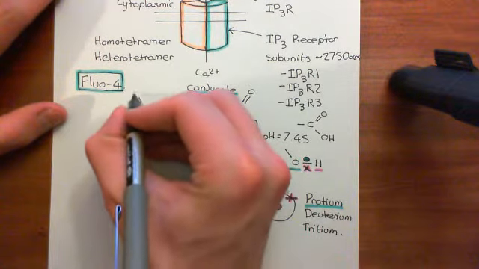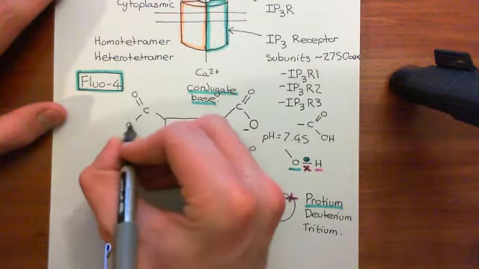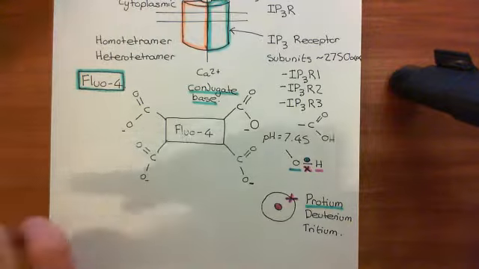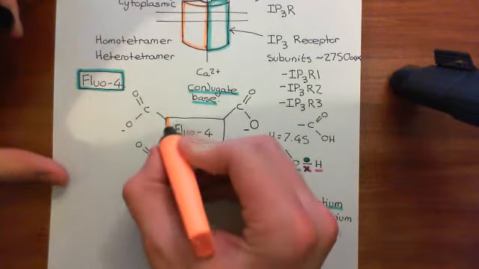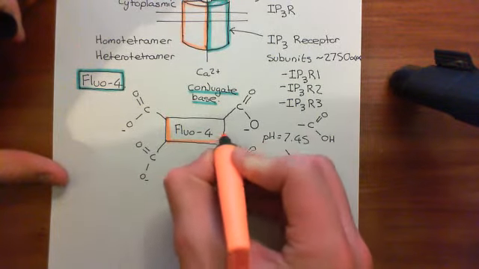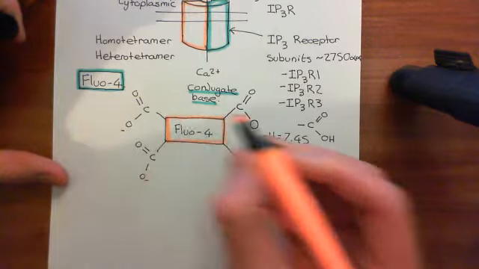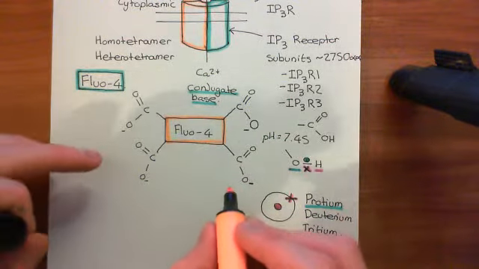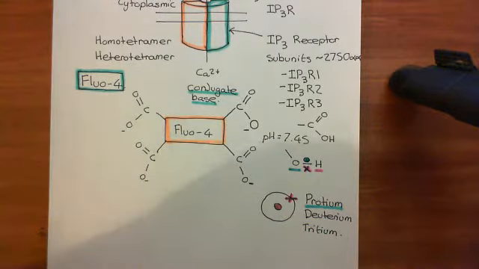Okay, so they've all lost their protons from the alcohol groups, and the oxygen atoms now have these negative charges. Okay, so this is our Fluo-4 molecule here, in orange. Right, so this means that the Fluo-4 molecule has 4 negative charges. Okay, right, so we can already see how this might just interact with calcium, and indeed it is going to interact with calcium.